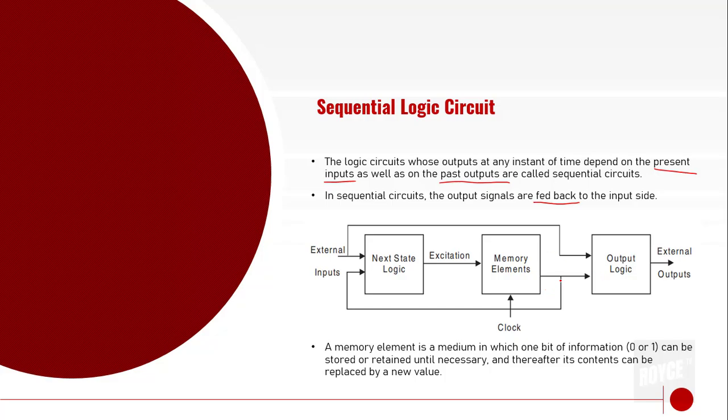Now, ito yung sinasabi nating feedback. Yung output ng memory element natin will be fed back to the input. Okay, tapos yung input na yun, magke-create yun ng bagong memory. And then, papasok ulit yun or i-feedback ulit yun pabalik sa input.